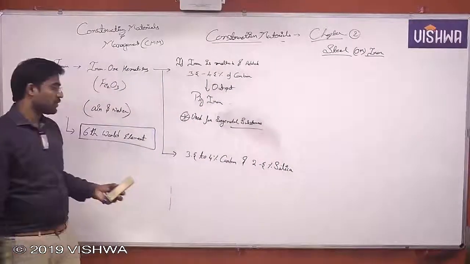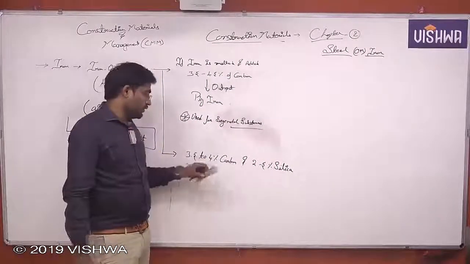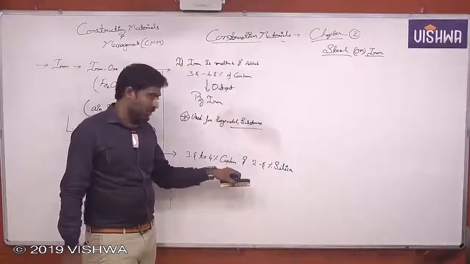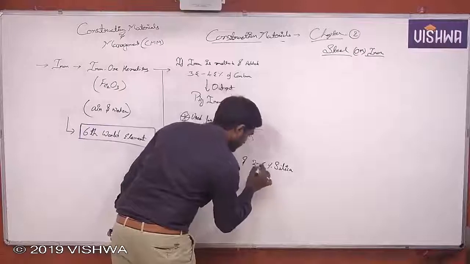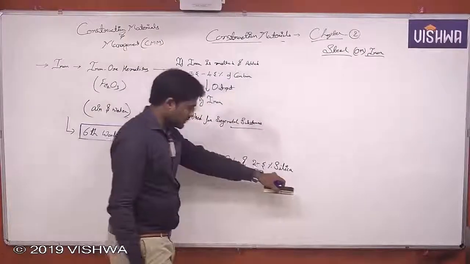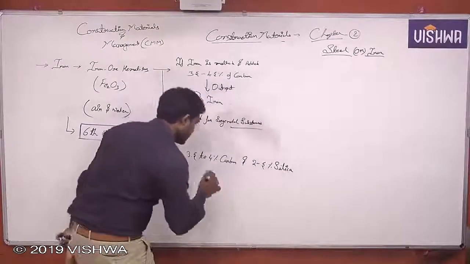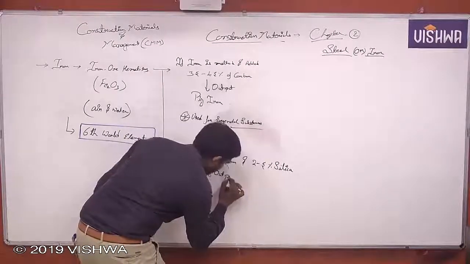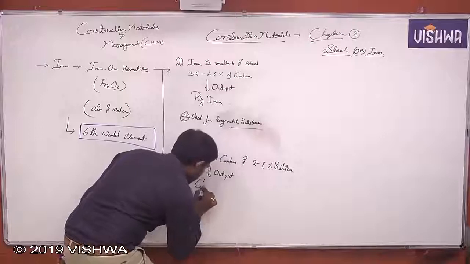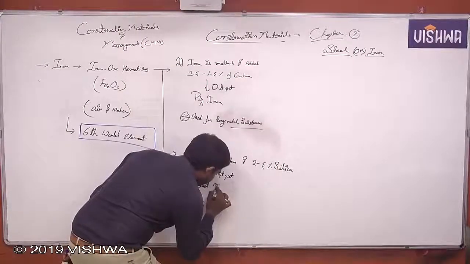So whenever we are going with 3.5 to 4 percentage of carbon and 2 to 5% of silica added, then the output we are seeing is cast iron.